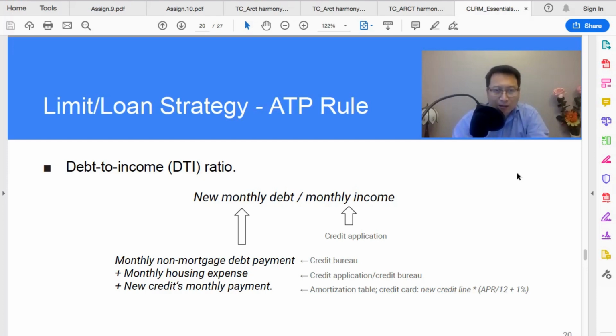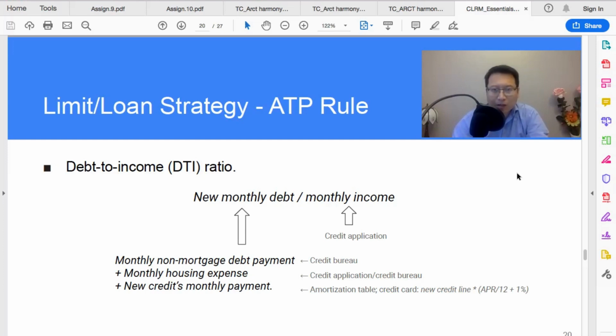The last item is the new credit monthly payment. If it's a loan, there's a monthly amortization table, so you know exactly how much the consumer needs to pay every month. That's the new credit monthly payment. For a credit card, you have to estimate, because every month the consumer will probably purchase different amounts.